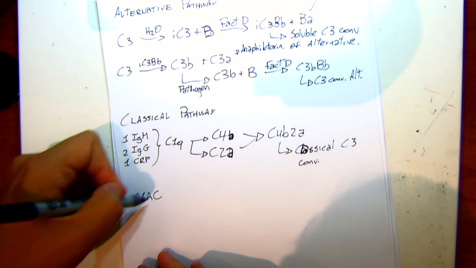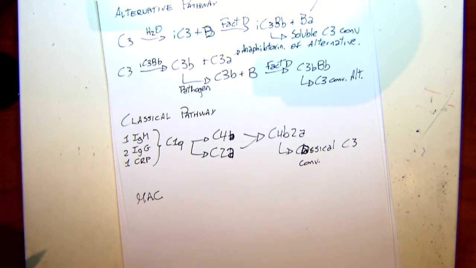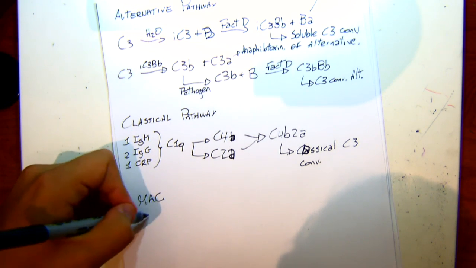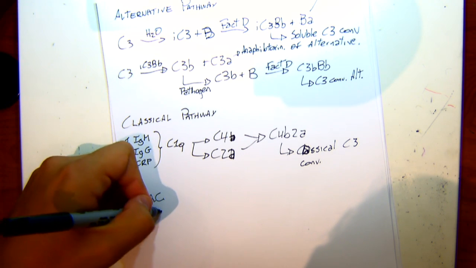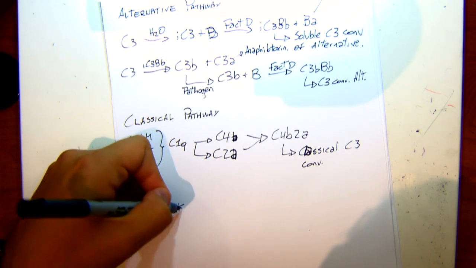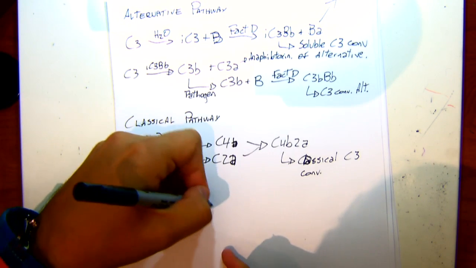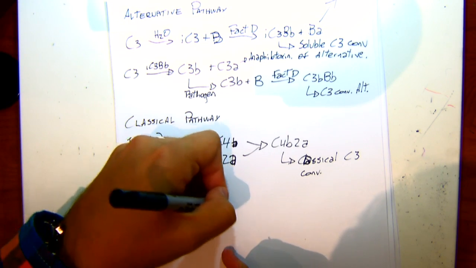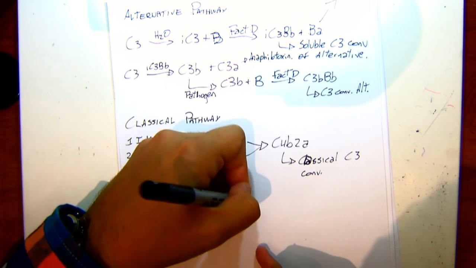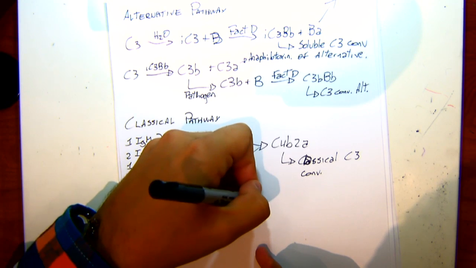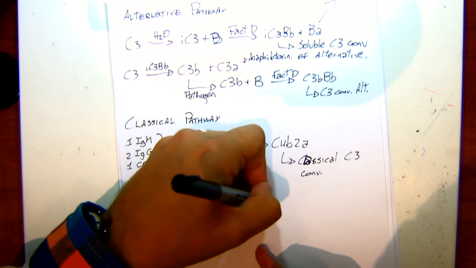And then one more thing. We also have the MAC, which is the membrane attack complex, which can be formed by both alternative and classical pathways. With the alternative, we're going to have C3b, big B, little b, binding to another C3b, right?